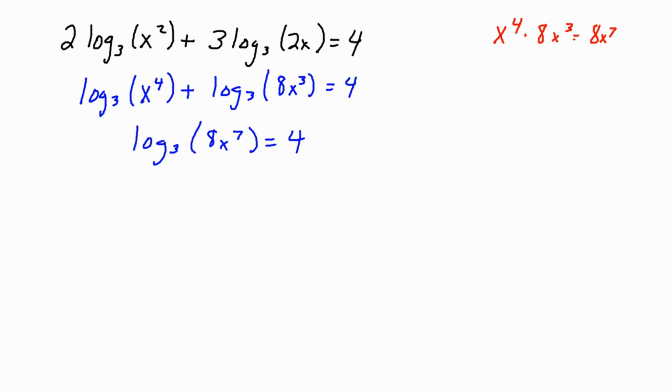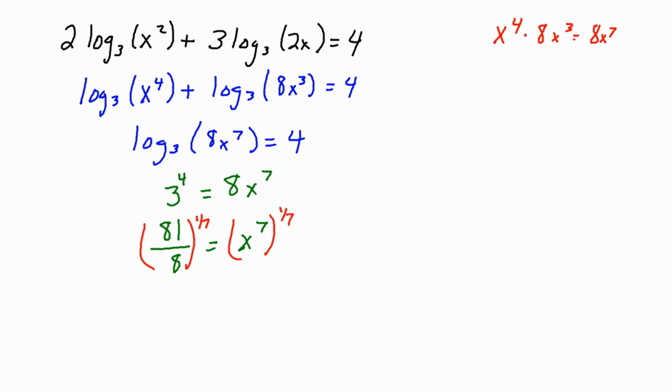I'm ready to rewrite this in exponential form. 3 to the fourth power equals 8x^7. Dividing both sides by 8, 3 to the fourth power is 81, divided by 8 equals x^7. Now I want to take each side to the 1/7 power. So x equals 81 over 8 to the 1/7 power.